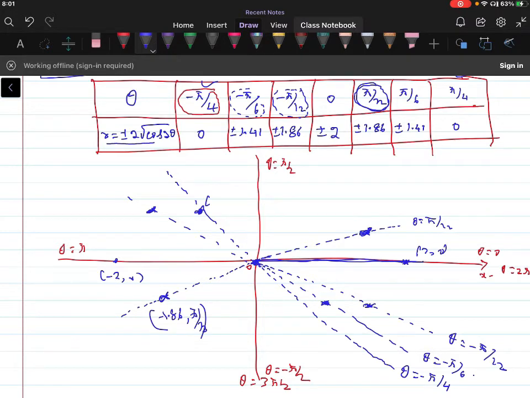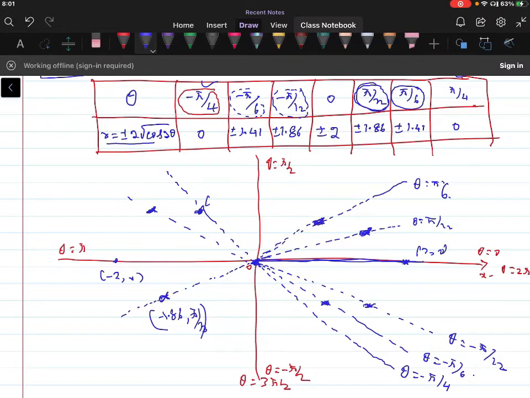Then take theta is equal to pi by 6. The corresponding values of r will be plus 1.41 and minus 1.41. So draw the line that makes an angle theta is equal to pi by 6, and take the value plus 1.41.